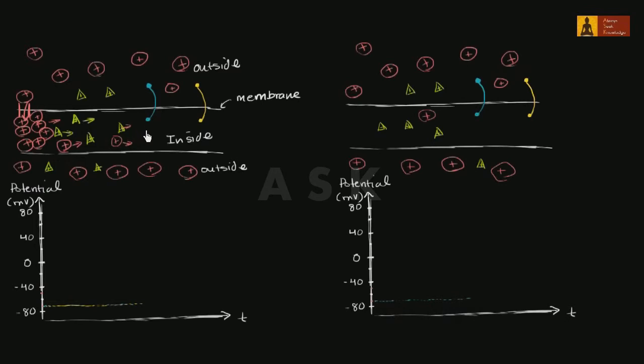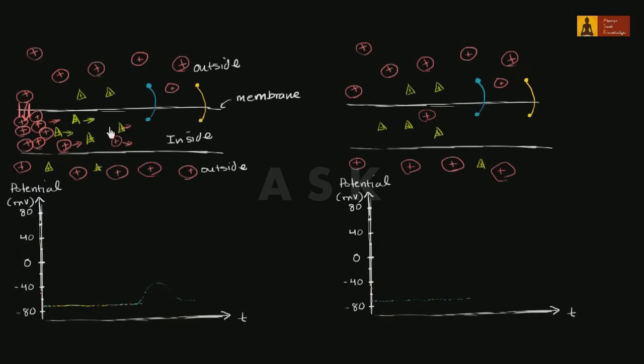So if we let some time pass, what's the voltage going to look like on this blue voltmeter? Well, after some time, because more and more positive charges are trying to get away from these other ones right over here, as the concentration of these positive charges spreads out, you're going to see the voltage start to increase. And then as they fully get spread out, it might return to something of an equilibrium.